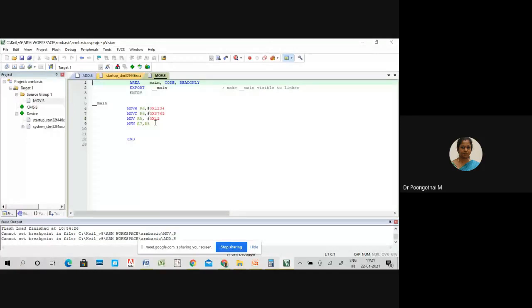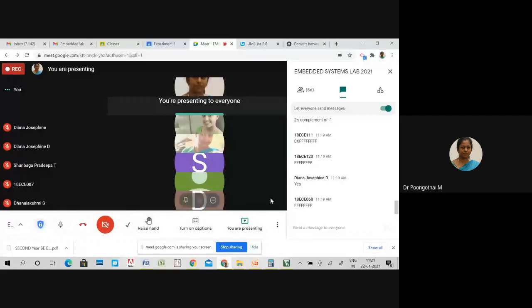After that, I am using the move not instruction. So what is the purpose of move not? You have already worked out logical operations. Move not is for finding the one's complement of a given number.